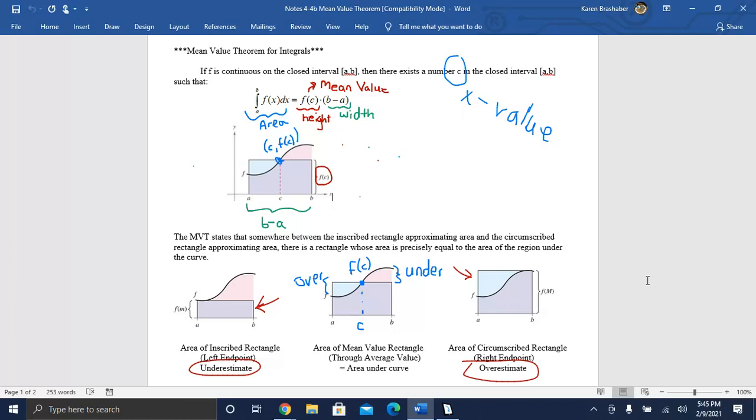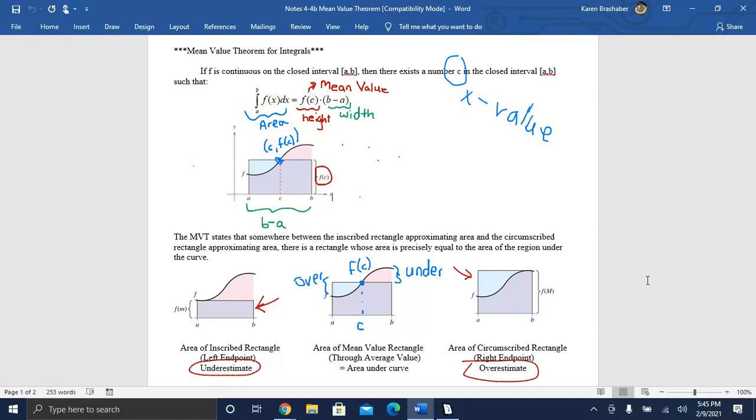If you draw a rectangle through the mean value, through the ordered pair c, f of c, then the multiplication of the height of that rectangle, which is given by f of c, times the width of that rectangle, b minus a, would actually give you the exact area under the curve. And that is given by the integral.